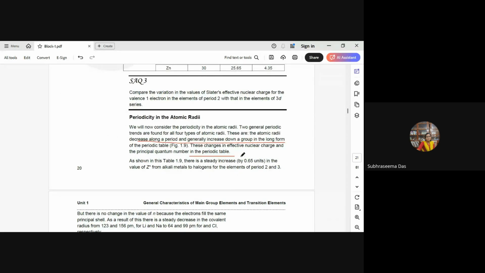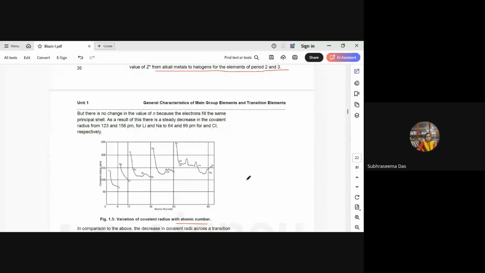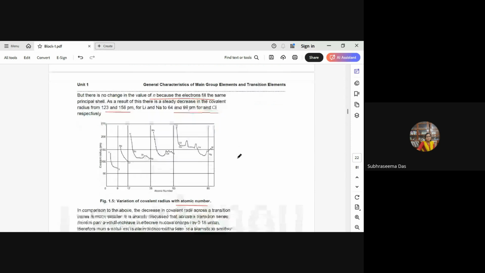There is a steady decrease in the value of Z from alkali metals to halogens for periods 2 and 3, but there is no change in the value of n because all the elements have the same principal quantum number. As a result, there is a steady decrease in the covalent radius from 123 and 156 picometer for lithium and sodium to 64 and 94 for fluorine and chlorine respectively.